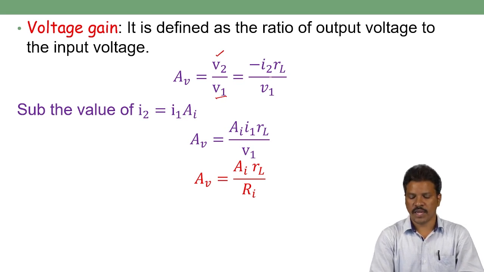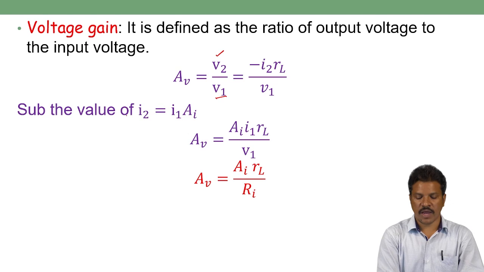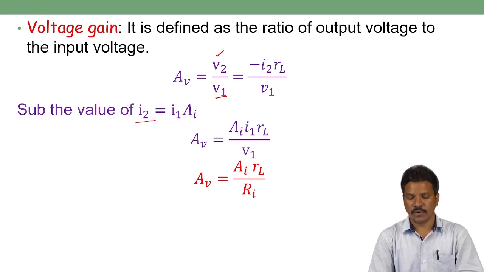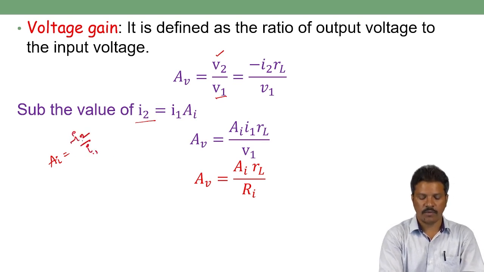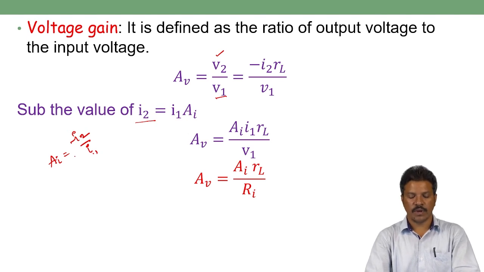When we take this equation, substitute the value of I2. What is I2? From current gain, Ai is equal to minus I2 by I1, so I2 is equal to minus Ai into I1.